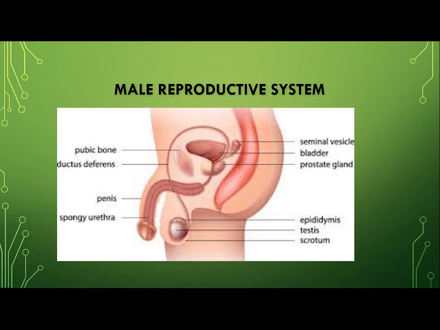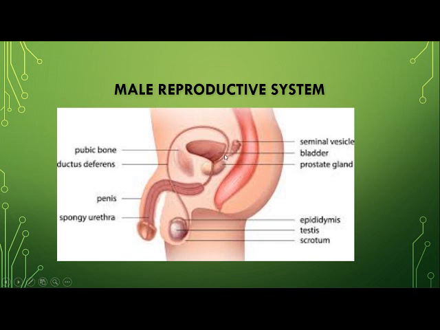Now these sperms are released from the testis, and then through this tube-like structure known as the vas deferens, they are carried to the place from where they have to be given out.